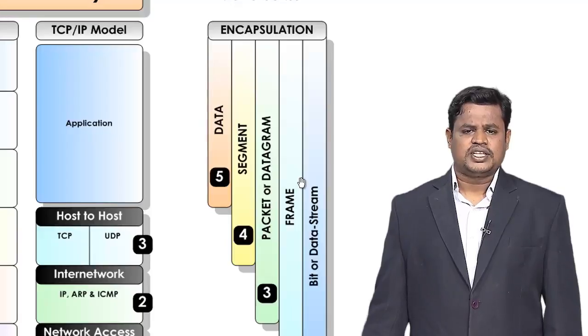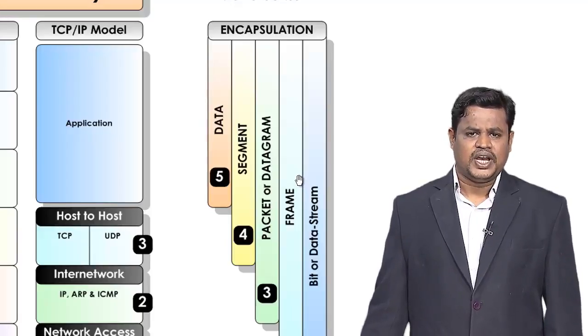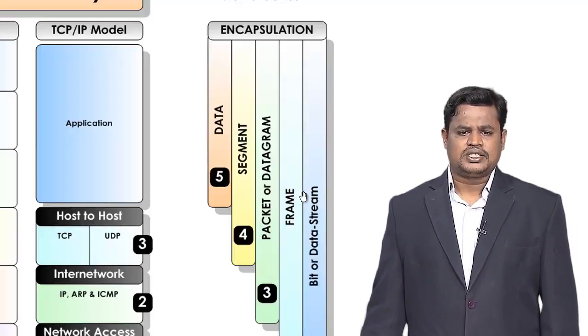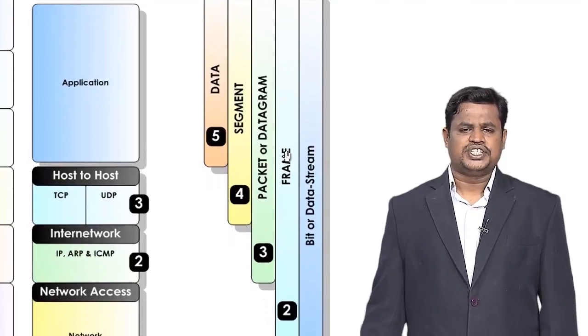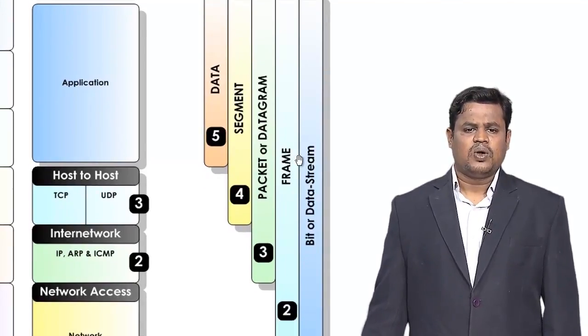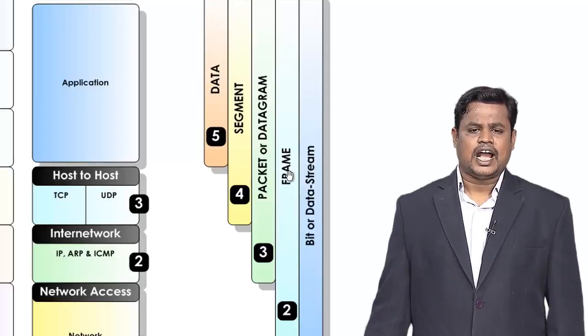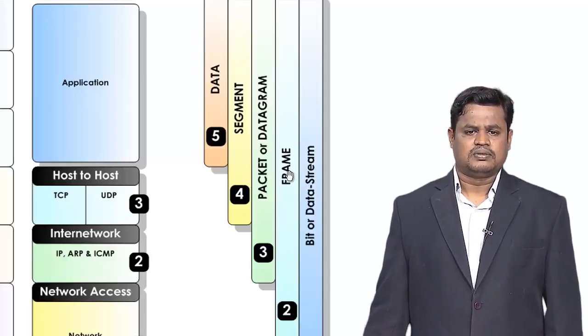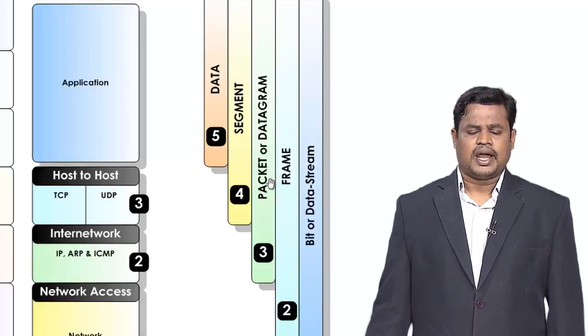So this is what we can say is encapsulation, and each and every intermediate device along the path, when it is reaching the destination, the data is going to be de-encapsulated and re-encapsulated. That means first I will read the bit stream, then the frame content, then I will go for the packet, not the above.